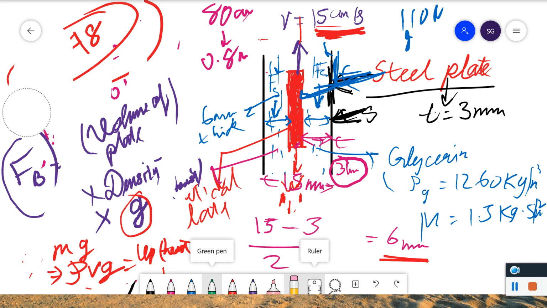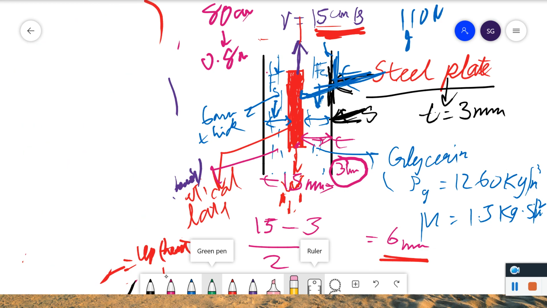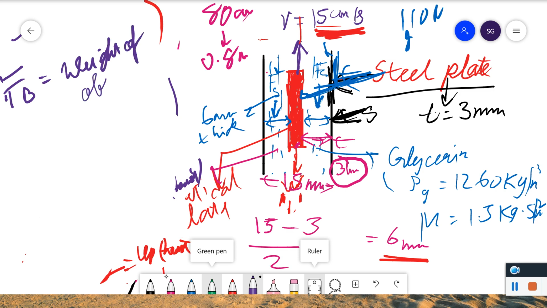So this Fb will come out to be equal to weight of object submerged in liquid, weight of liquid displaced.